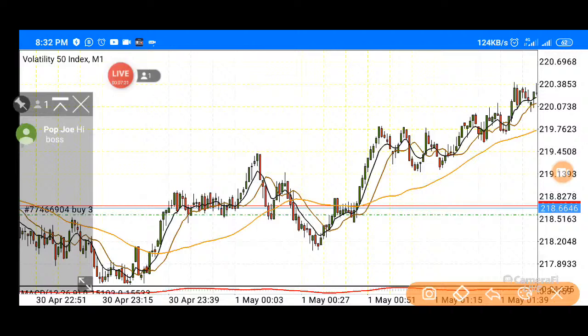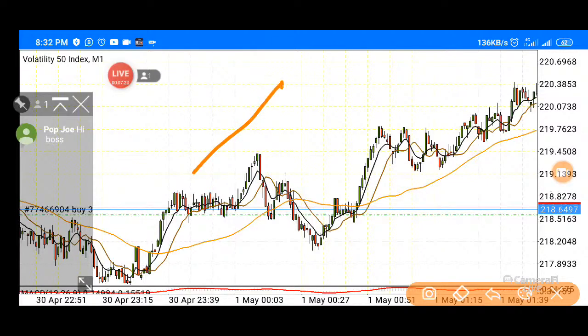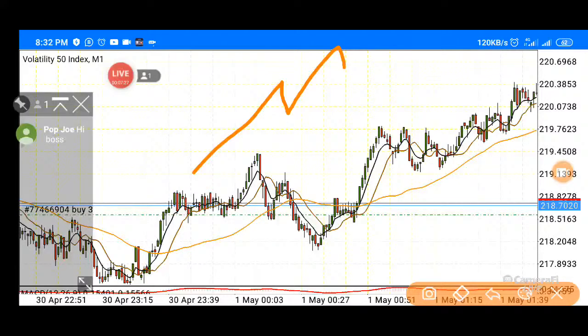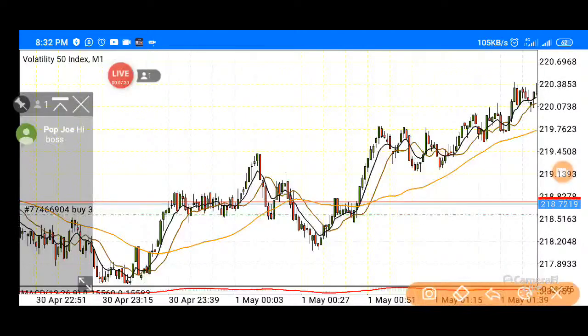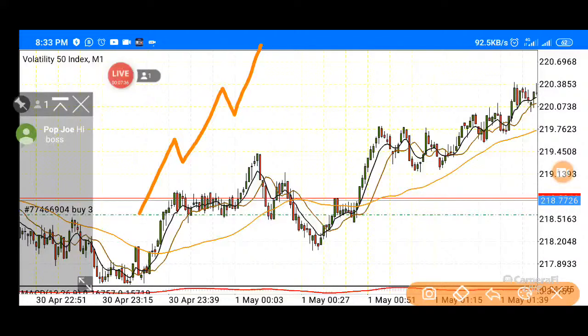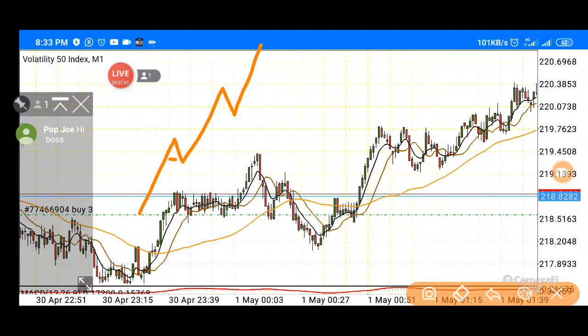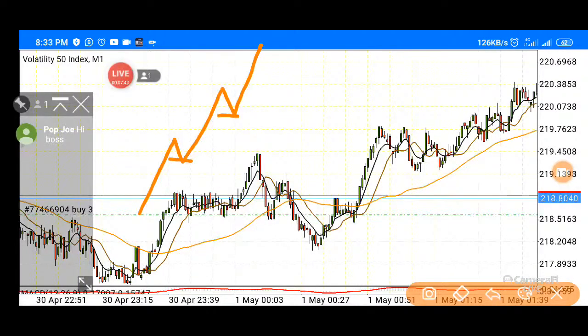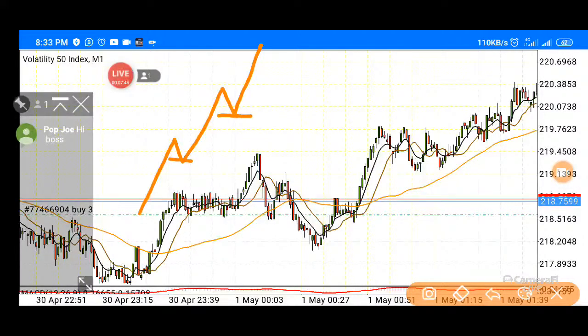If a trend is moving up, it moves up, retraces back a little, moves up, retraces. Let me restart it. Moves up, retraces back, moves up, retraces, moves up. Then you can see that the lows create some support levels as it is moving up. The new supports are higher than the previous one.